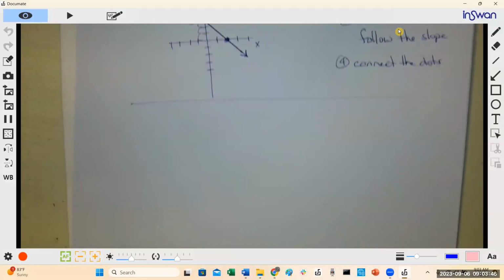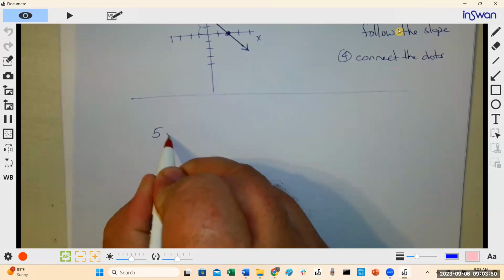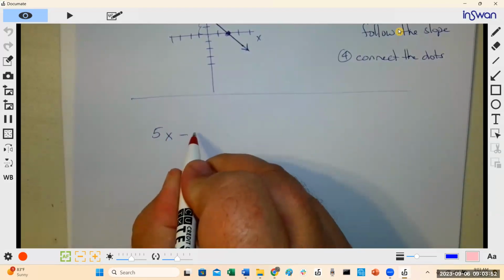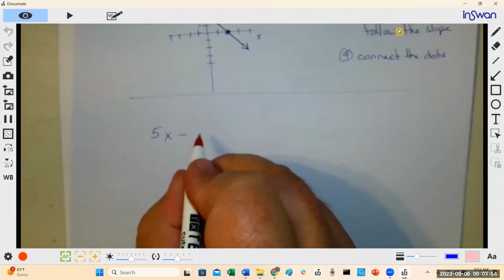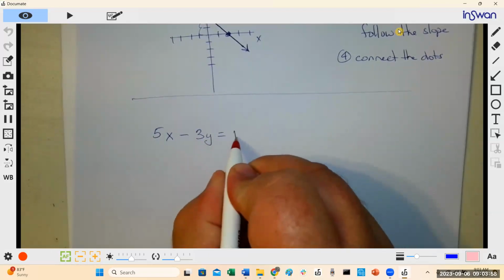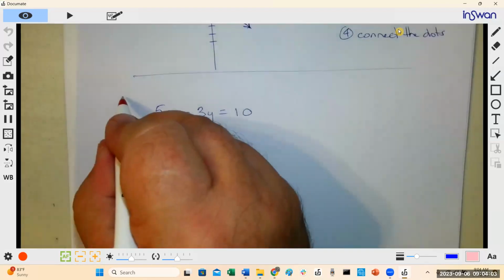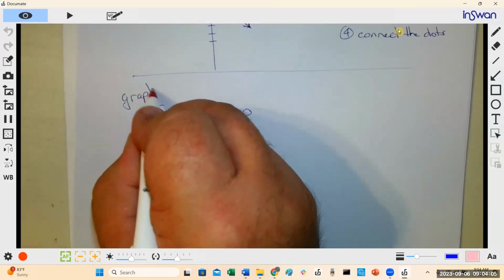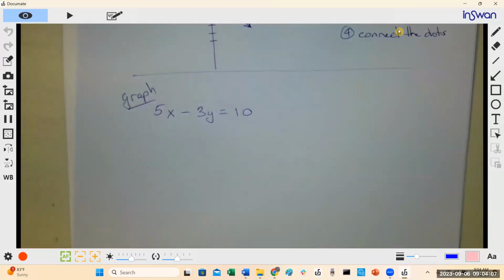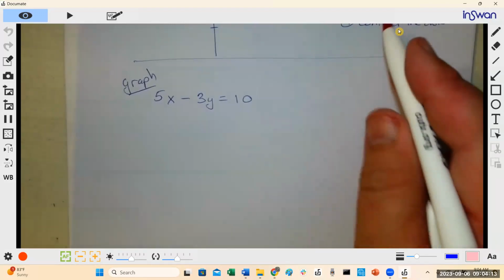Let's try another one. Graph this equation. So remember our steps.